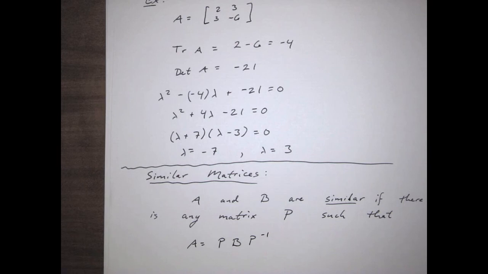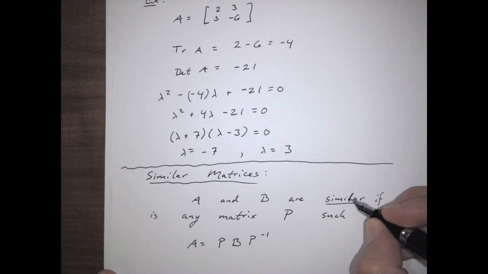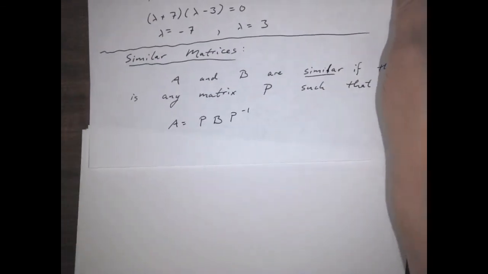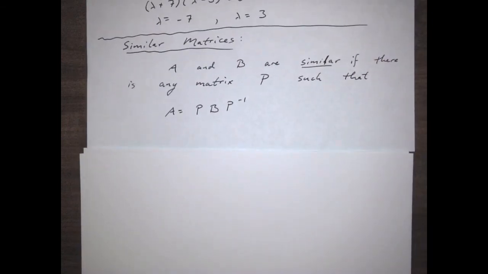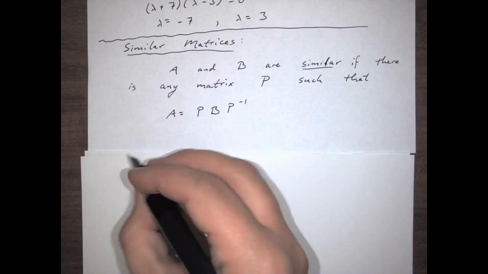Remember, we described this back when we first introduced determinants. This is called a similarity transform, and the determinant of these two matrices will always be the same. What that means is that so will their characteristic polynomial, characteristic equations, and therefore eigenvalues.